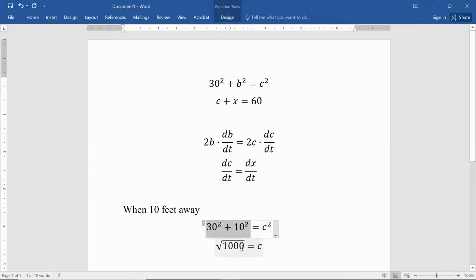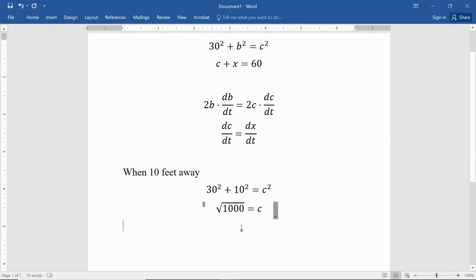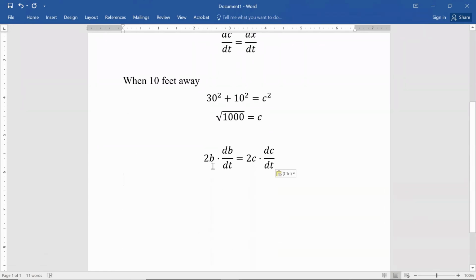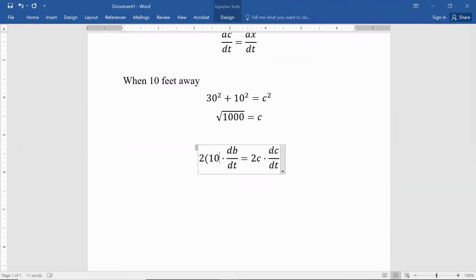Just calculate this, you get 1,000. 1,000 is equal to C squared. So take the square root, you get the square root of 1,000. So C is the square root of 1,000 when the man is 10 feet away from his original starting position. Now we can plug all of this into our function.